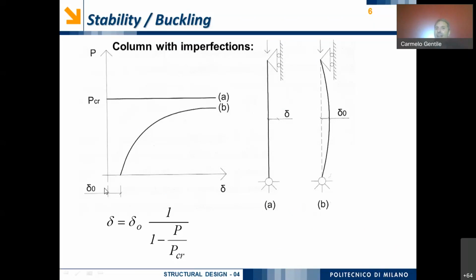So for an ideal column like this, with no imperfection in the beginning, the curve, the diagram in which we have on the horizontal axis the transverse deformation and on the vertical axis the load, is something quite easy, because if there is no initial deformation delta, when I increase the value of the axial load until I reach the value of the critical load, I have no deflection.